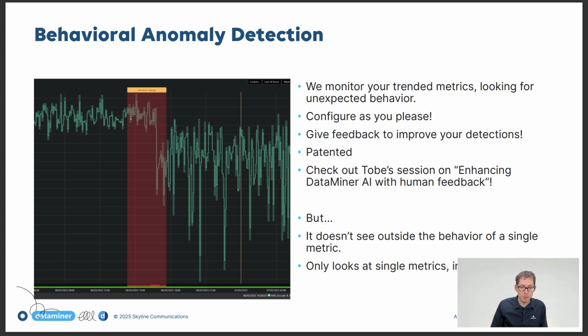Now, the algorithm is able to pick up on that, and it is also able to give you an alarm in the alarm console if you desire, right? This algorithm, we've been working on it for 8 years. It's patented. It's extremely lightweight because it has to keep track of all the parameters in your system, and you can really tune it to how you want it to behave.